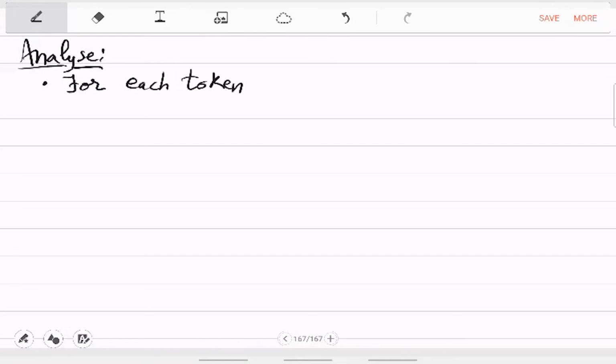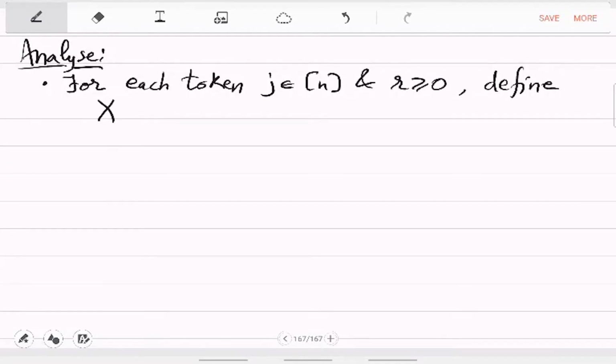For each token j, define a random variable x_rj, which basically tries to capture whether the valuation came out to be at least r or not for the jth token.